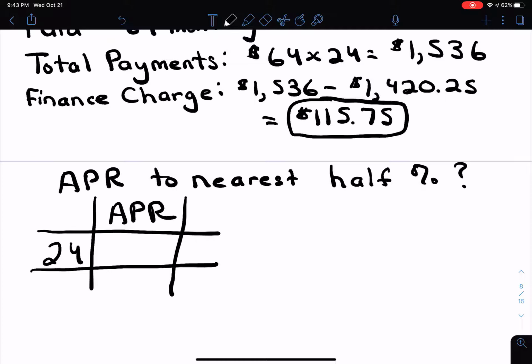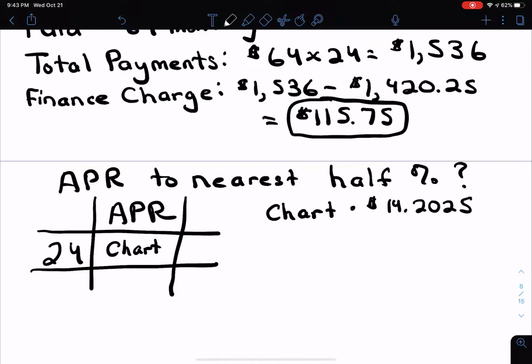And whatever that chart number was, we would multiply that by, let's see, $1,420.25 financed is 14.2025 hundredths, right? And that would equal the $115.75 finance charge.